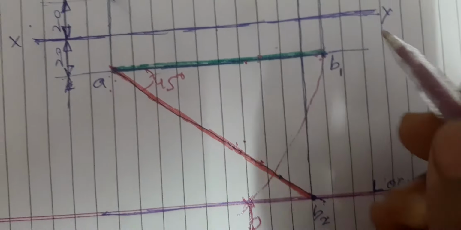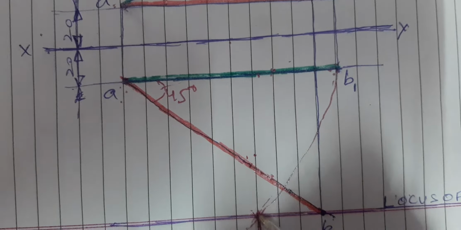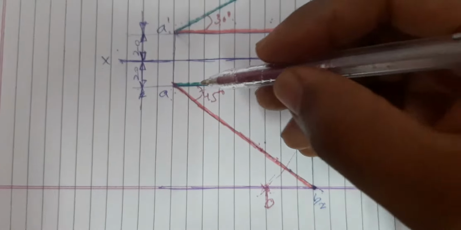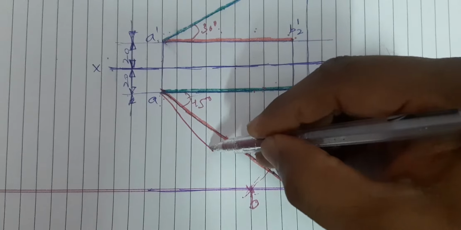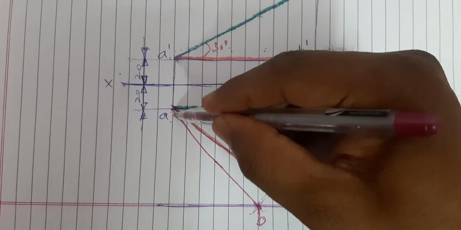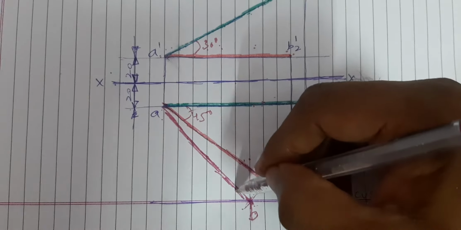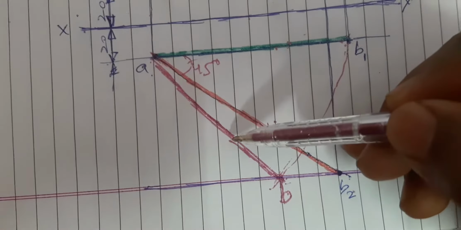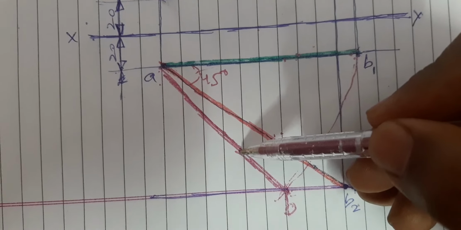Got it? So I repeat again: A center, A B1 radius, draw the arc like this. You are going to get one cut on the locus of top view at B. Now join B with A. Now AB represents the actual top view of the line when it is inclined to both HP and VP according to the question.